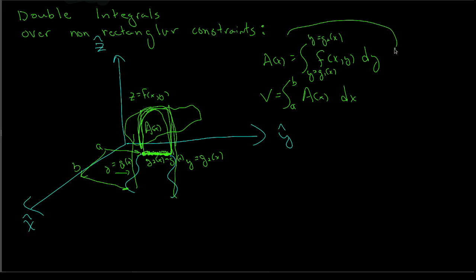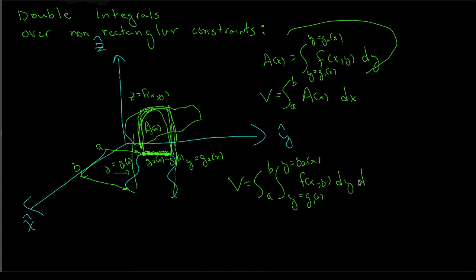Well, this integral slips into here, and so I have my volume element from a to b, and then from y, which is an endpoint that will make a function of x, and some y endpoint that will also make a function of x. And then we have our z as a function of xy.